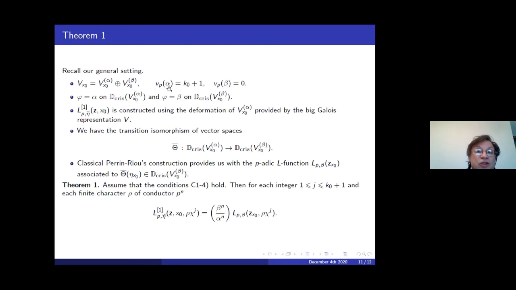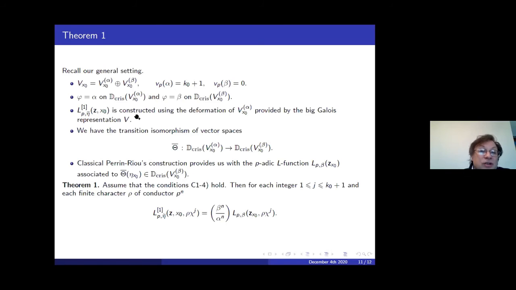The P-Adic valuations of alpha and beta satisfy this property.